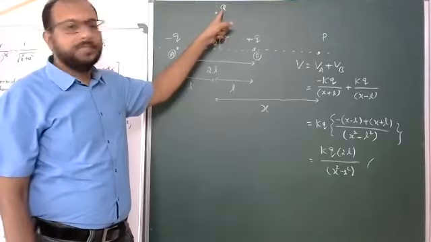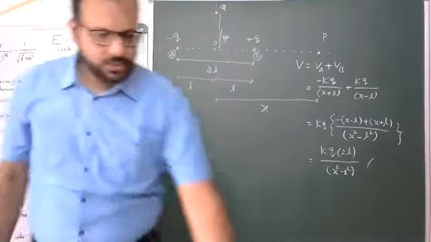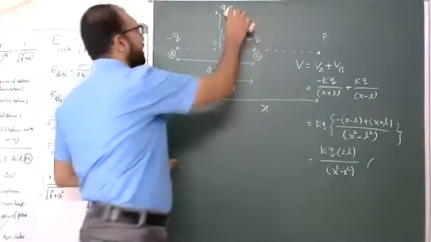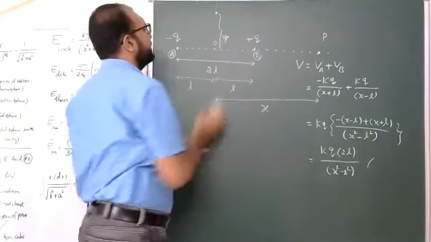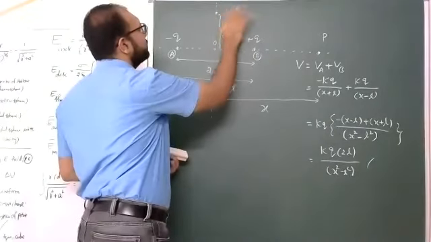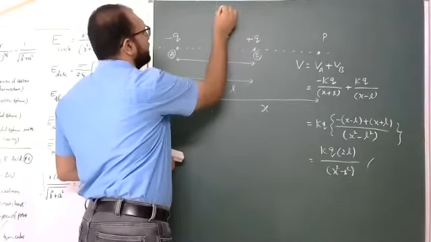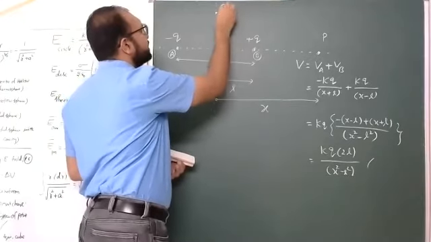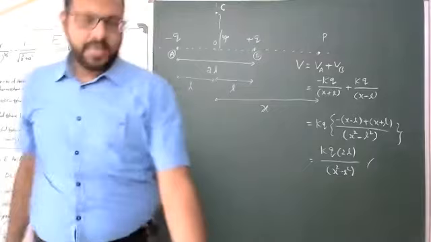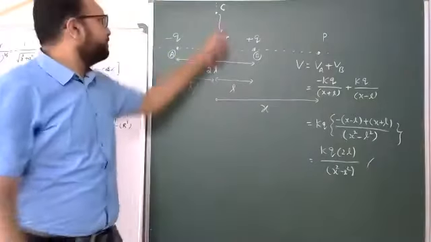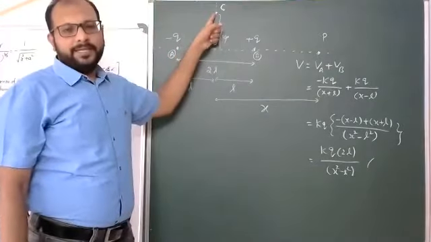This is a point Q. To avoid that confusion, I am taking the point as C, suppose. It is point C. At point C, we need the potential.